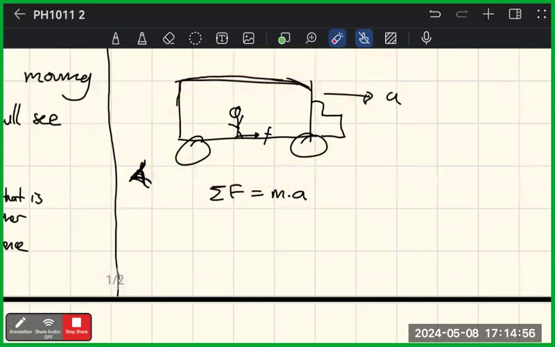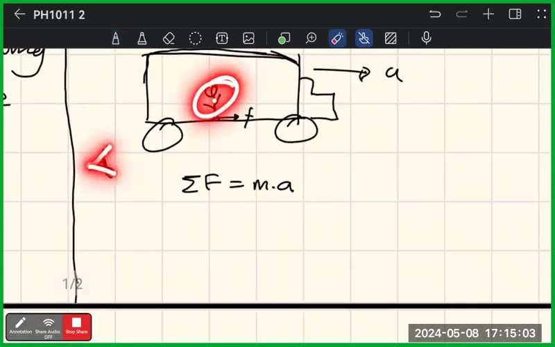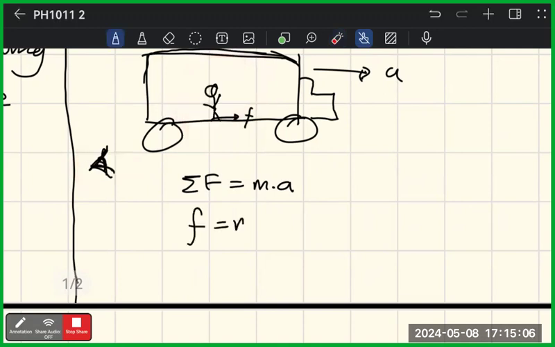So the only force that you as a person experience from the outside is F equals ma.